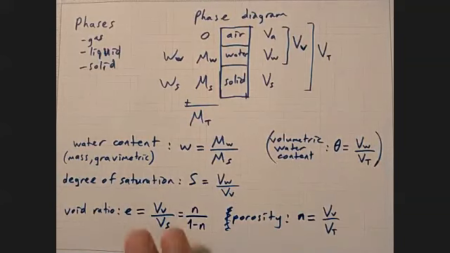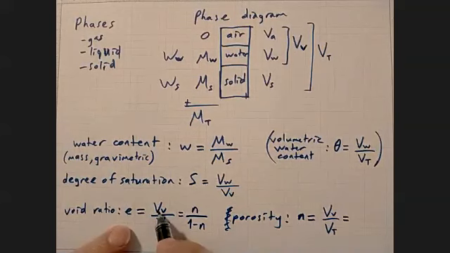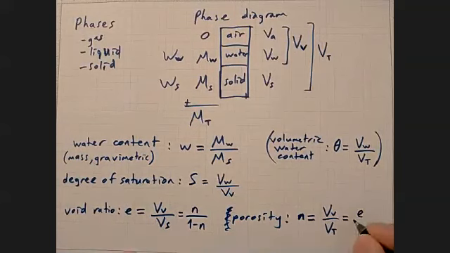Similarly, if I were trying to write n in terms of e, if my volume of solids were 1, then my volume of voids would be e. So I could write this. See, it is very dangerous to memorize these because they look alike and you can very easily get confused which one was minus, which one was plus.